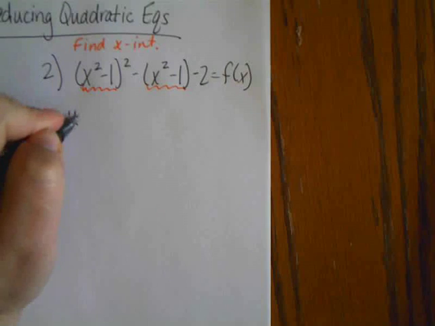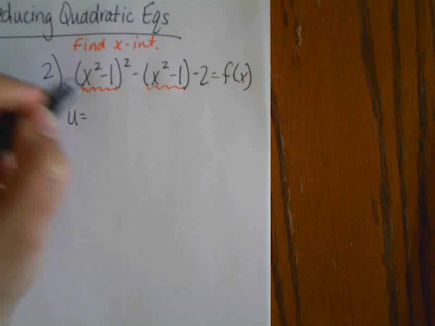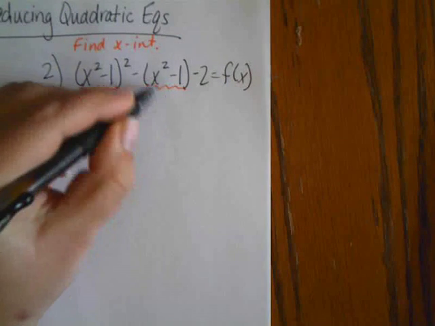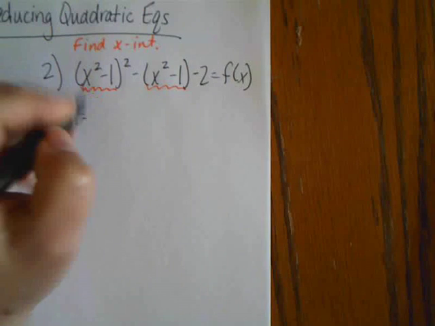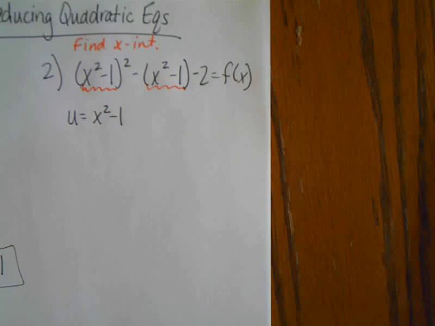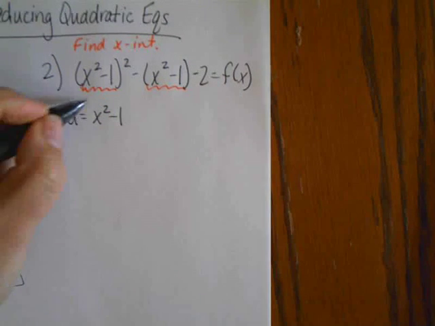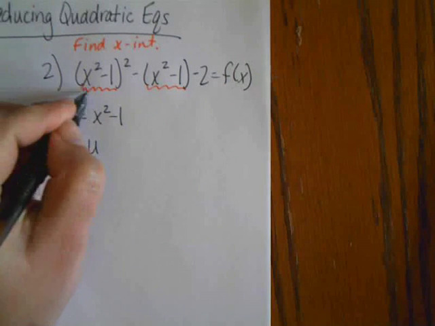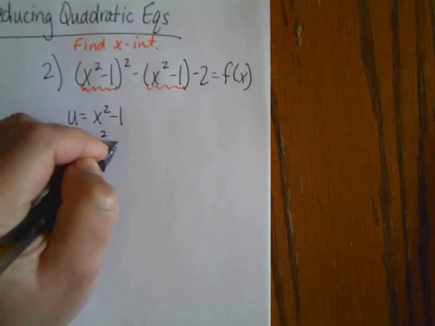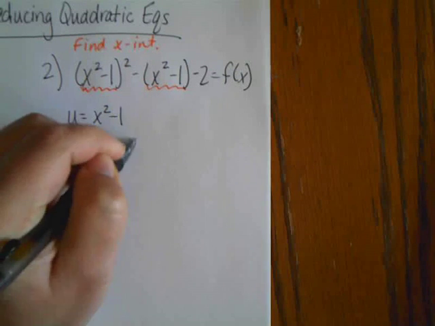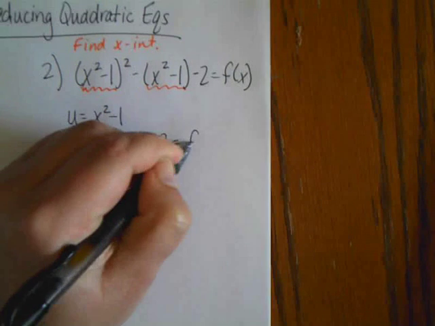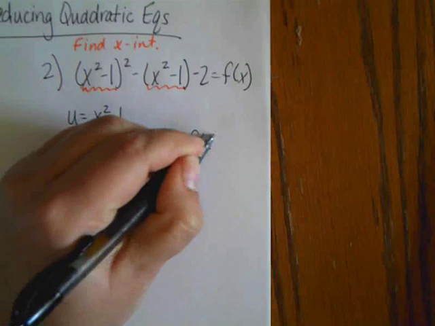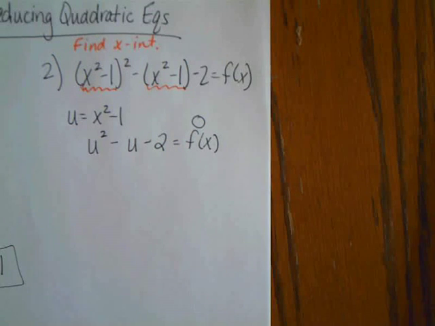So we should see that we want to let u be what is being squared and what the normal number is. So u is going to be x squared minus 1. That's what the squiggly is. So now we can rewrite it. We have u squiggly squared minus u minus 2 equals f of x, or in this case 0.